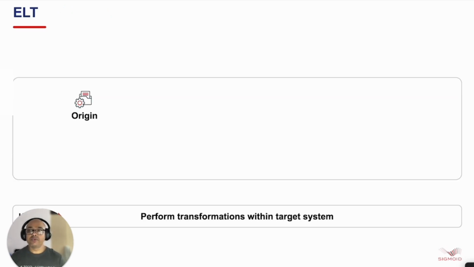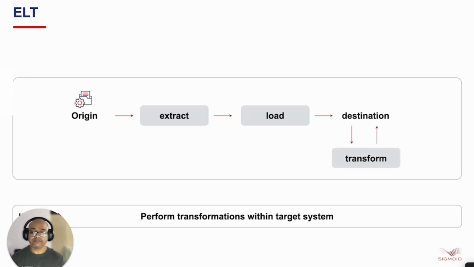Now moving on to ELT, a slight variation from a traditional ETL process. This architecture collects data and then loads into a target destination before transformation. By placing the transformation process as the last process in the workflow, there is reduced latency compared to the ETL design.